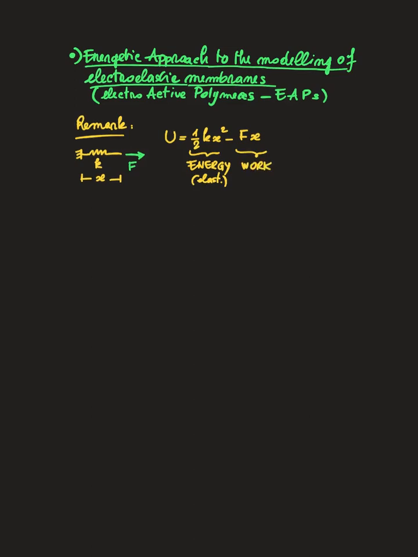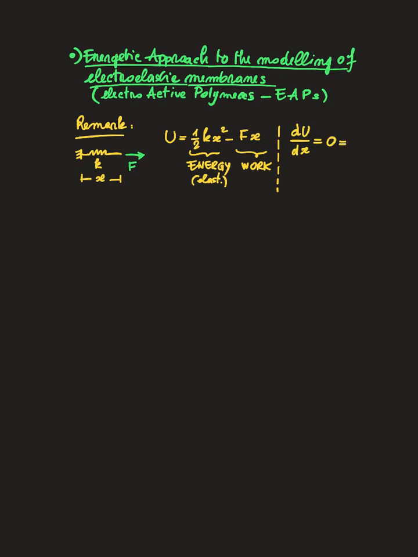That we did already see, and if you think about it, this is the work. Initially imagine that the force is located here when the spring is unstrained, and then the work is done by the magnitude of the force times the displacement. What I already did in one of the last lectures, when I was talking of the energetic approach to the Poynting effect, is simply that the equilibrium configuration can be obtained by computing the stationary point of the energy.